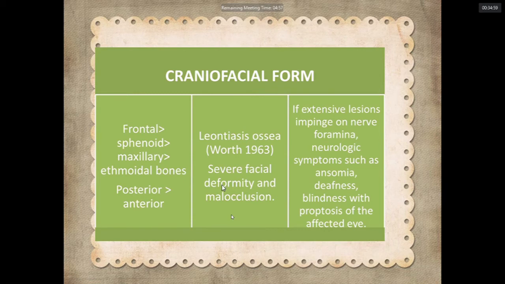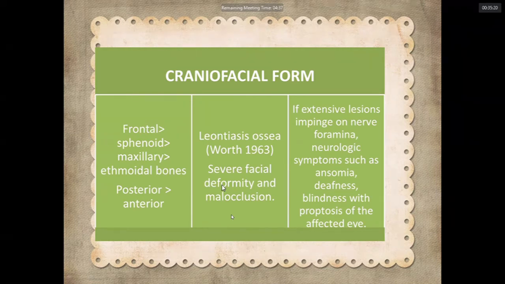If the lesions are extensive, then it results in impingement on the nerve foramina, due to which several neurological symptoms such as anosmia, deafness, and blindness with proptosis of the affected eye can occur.